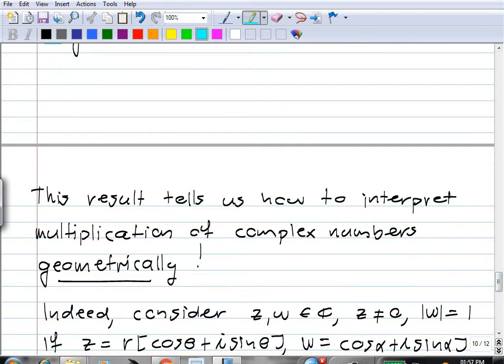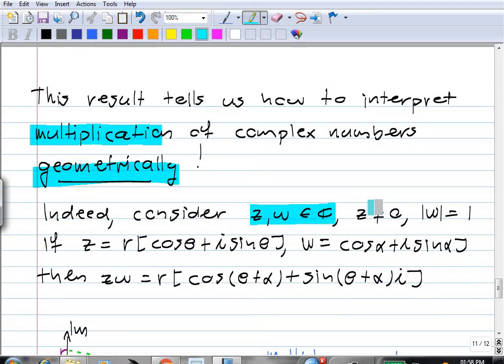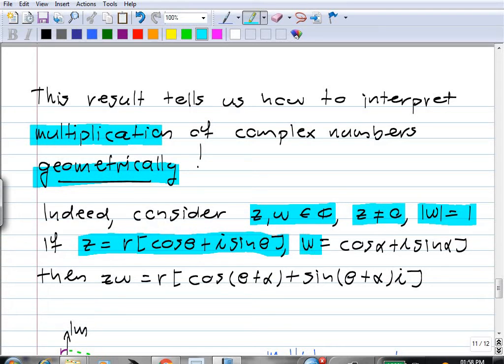Now, what is really nice about this result is that it tells us how to interpret multiplication of complex numbers geometrically. So let's look at two complex numbers, z and w, with z non-zero, and just for the sake of simplicity, we'll take w to have modulus 1. Let's write them in polar form. Say z is r(cos theta + i sin theta), and w is cos alpha + i sin alpha.